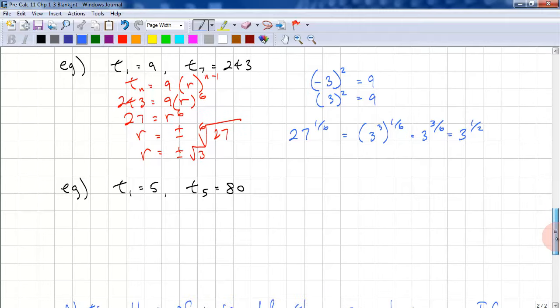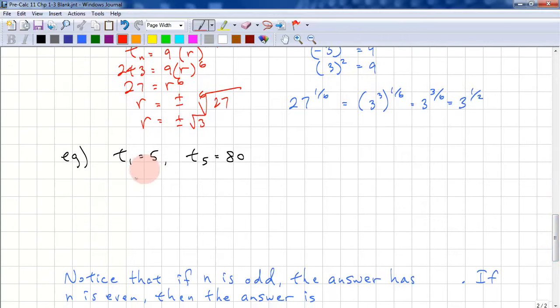Next example. Again, we write Tn equals 5 r to the power of n minus 1. Substitute 80 equals 5 r to the power of n is 5, so that's 5 minus 1, we get 4. And here we have 16 is equal to r to the power of 4.